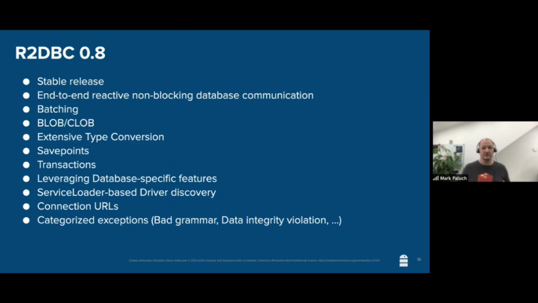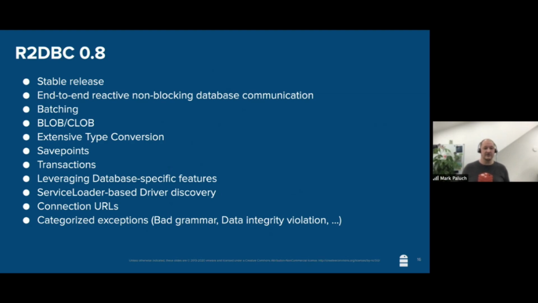Therefore, we decided to switch from version 1.0 to 0.8 to signal, okay, we want to create a first release. It will probably be stable and backwards compatible to 0.9 and 1.0, but we aren't entirely sure yet. And that's the reason why you see 0.8 on the specification.